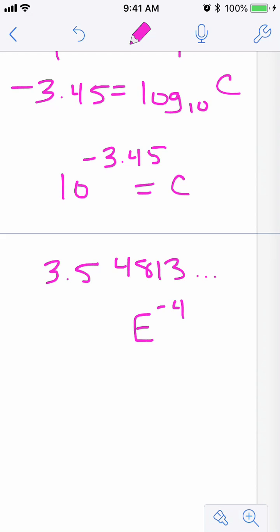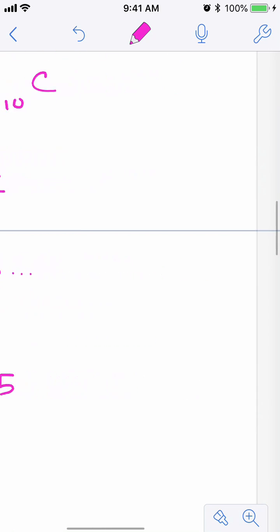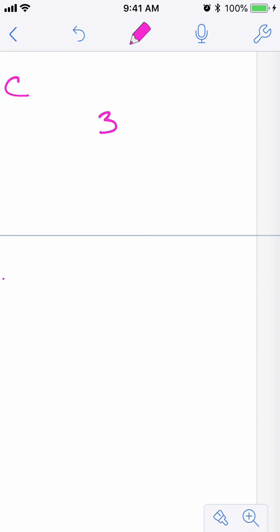So the decimal place is going backwards, negative 4. So 1, 2, 3, 4. 0.000354813, wait, one more. So that's what the concentration needs to be. Cool. Let's do the other one now. 3.5, wait, up here.